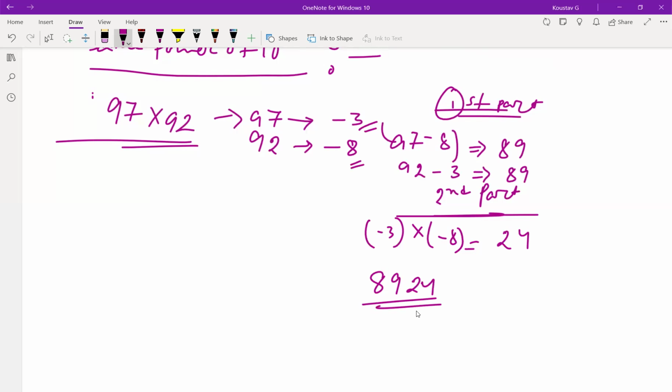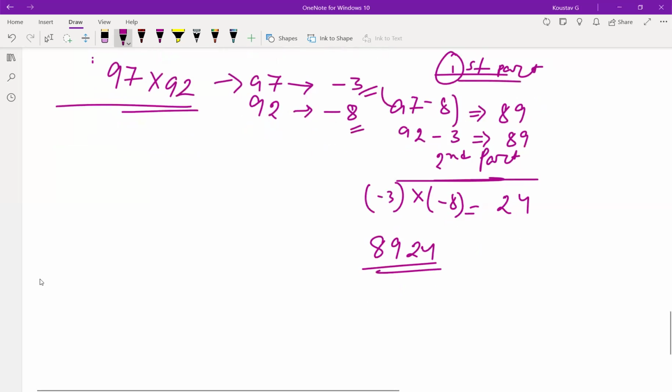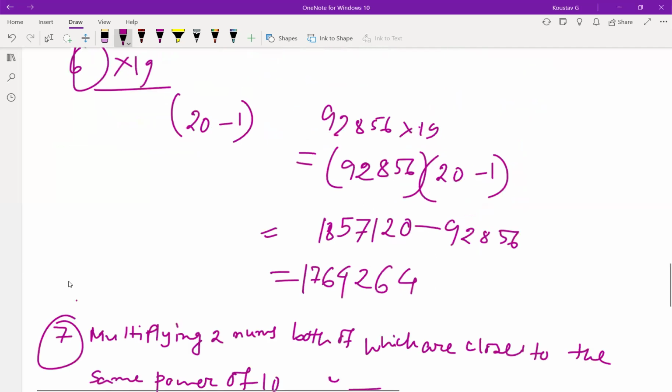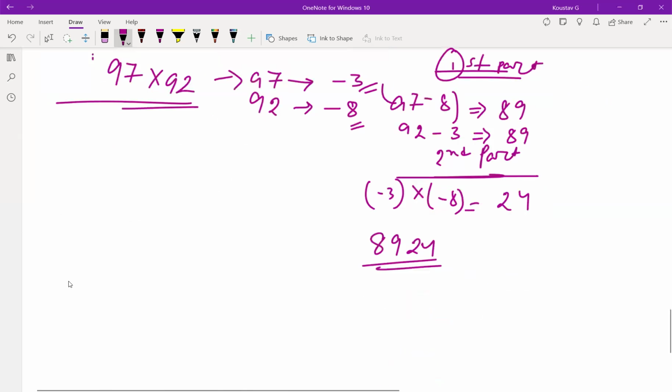Are you getting it? If you have any doubt or question, just comment down. If you want any other example, you can also comment down, and you can practice some other questions.